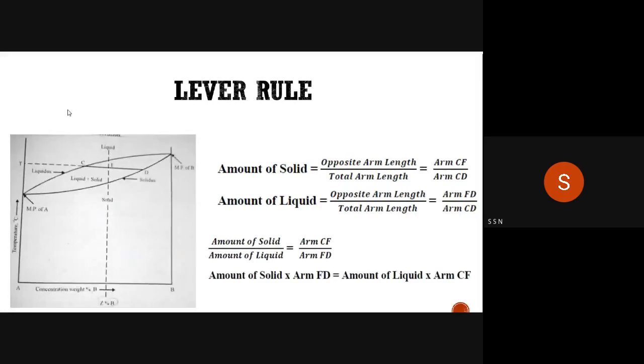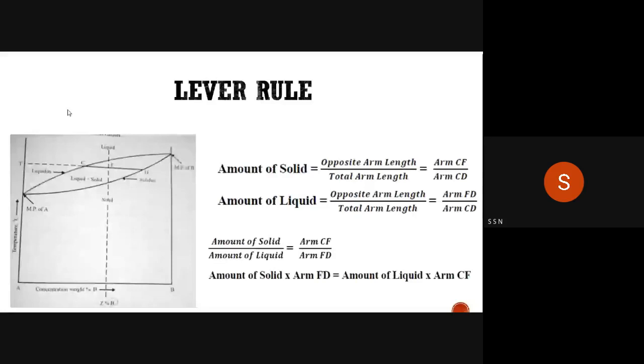So if we are finding the amount of solid, then we consider the opposite arm, that is towards the liquidus line, that is CF. So the opposite arm length, the length of arm CF, divided by the total arm length, and that total arm is CD. So arm CD's length will be in the denominator, and in the numerator will be arm CF.